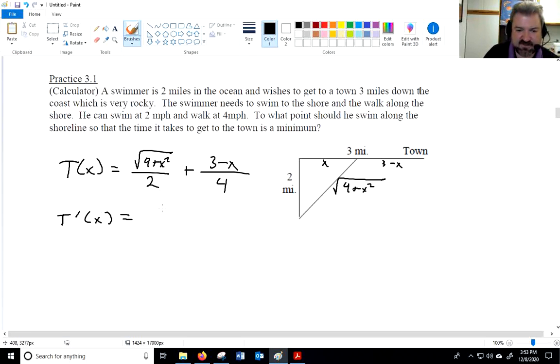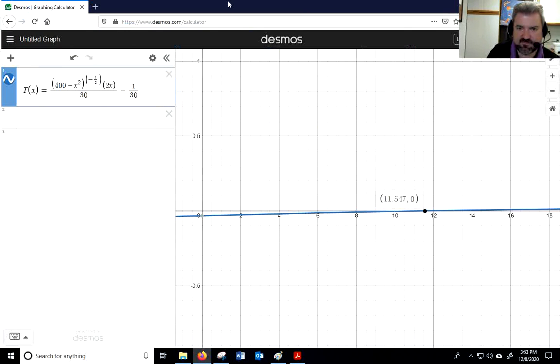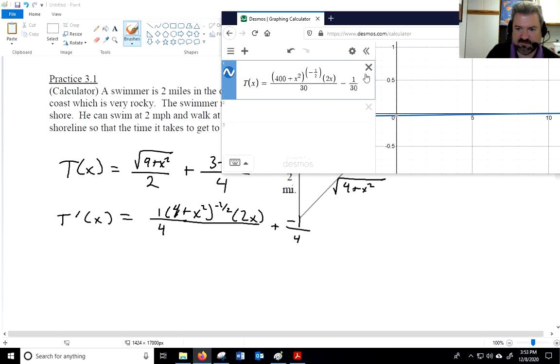This is 4 plus x squared to the 1/2, so this will end up being 1/4 times 4 plus x squared to the negative 1/2 times the chain rule of 2x, plus the derivative of 3 minus x is a negative 1/4. So we'll just go right back into decimals and we'll type that right back in.